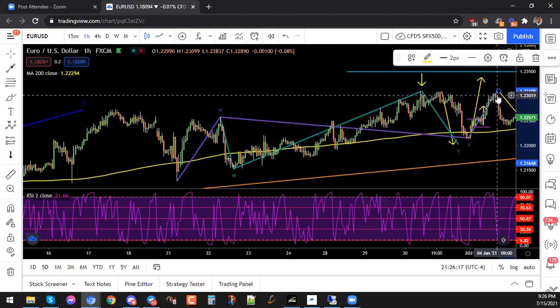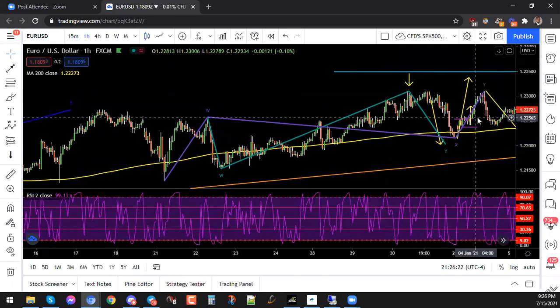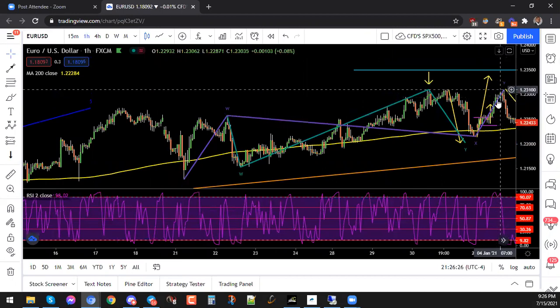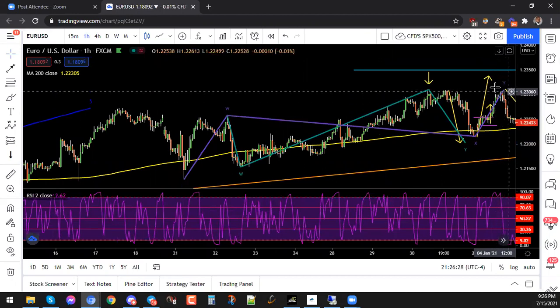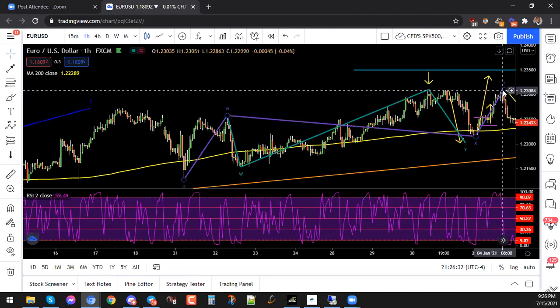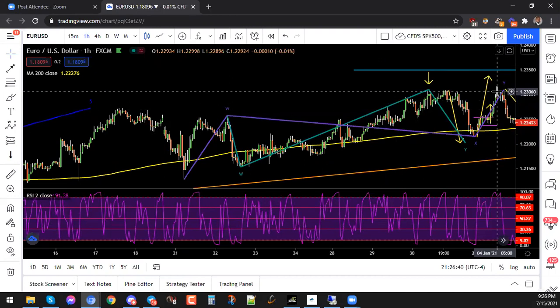So if now we are looking to go down, what wave are we expecting? Look at the RSI as well, okay? The RSI is in the upper extreme. We also hit this area of resistance. We know that this is the wave that we were expecting to the upside.